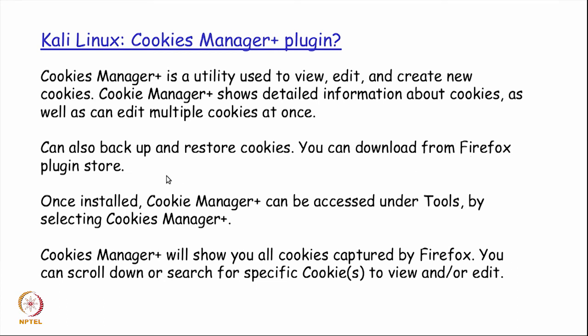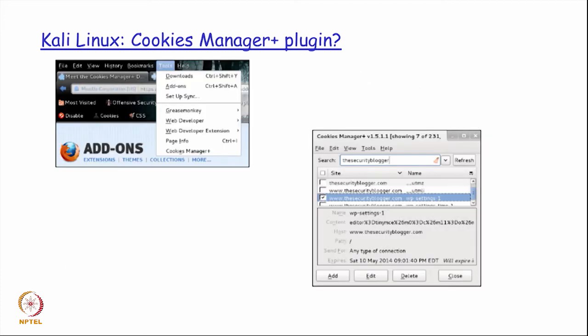Once installed, the Cookies Manager Plus plugin will be available under the tools option. By selecting Cookies Manager Plus, I could start this plugin executing. It will display all the cookies that have been captured by Firefox. So, this is how it is under the tools option.